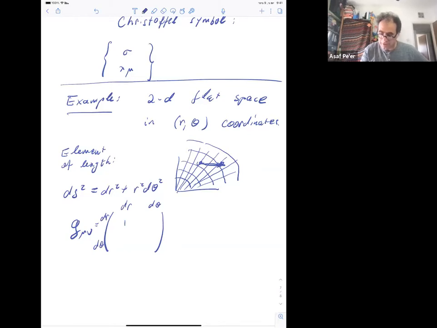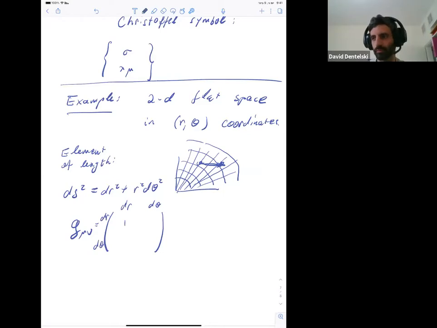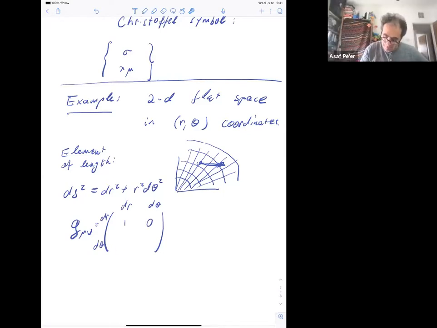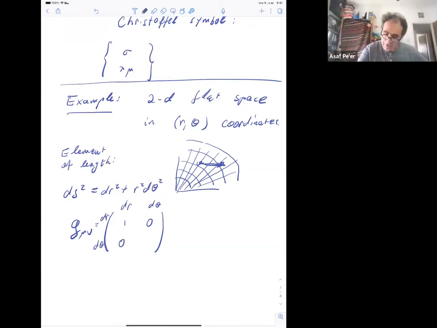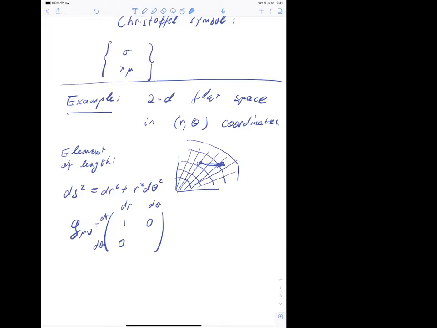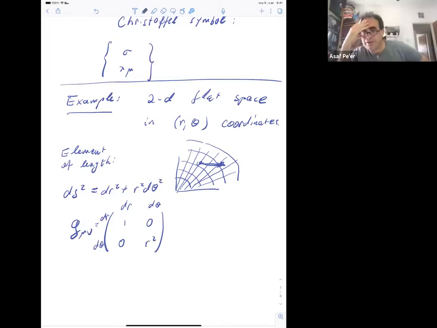What is the term here? 0. And here? Again, 0. And the last term? R squared. Very good. I just wrote down the element of length in the flat space. Flat space, there's no time.